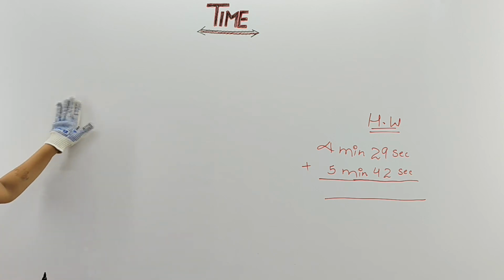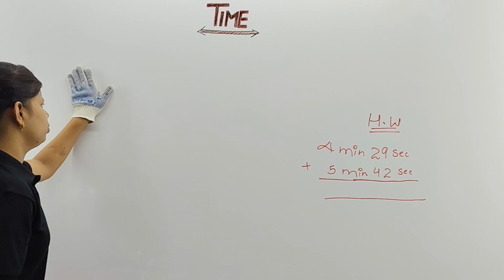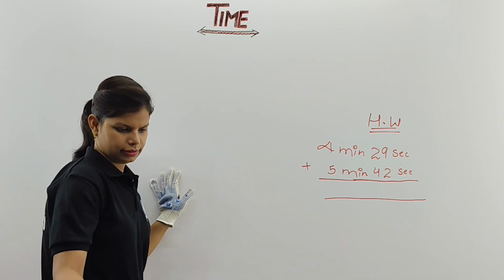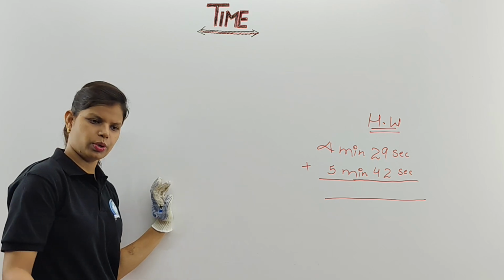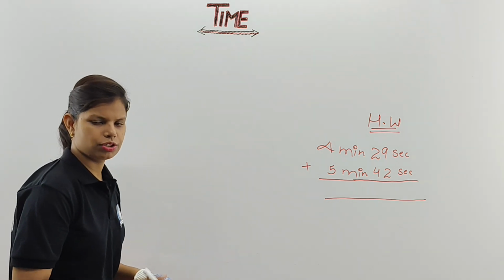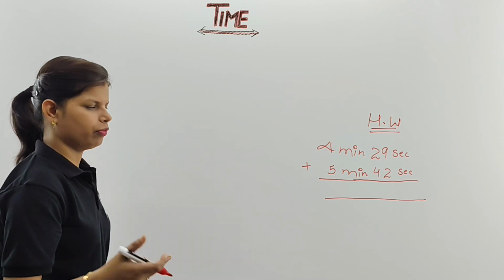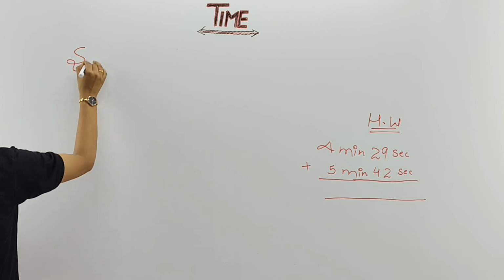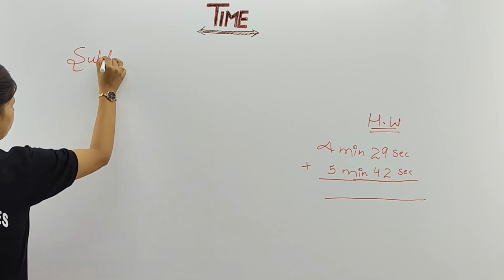But if you wish to learn multiplication and division also, you can give your review in the comment section, and I will make a separate video for that. Multiplication and division with time, what type of questions we deal with. So your next part will be subtraction.